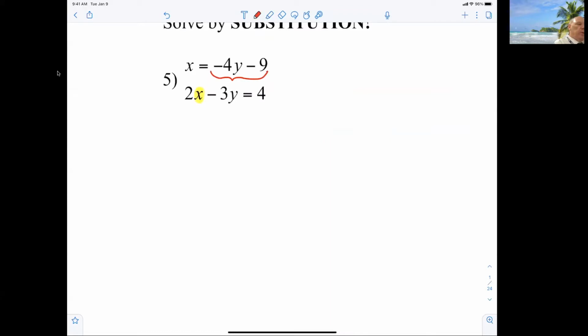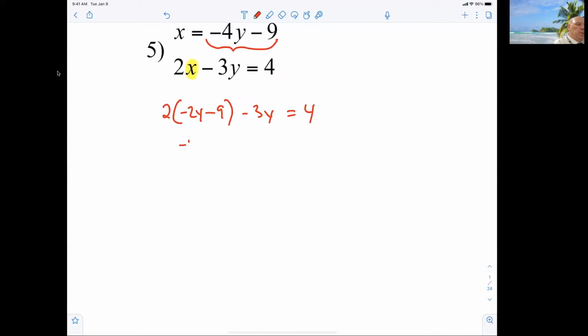Yes. So here we go: 2 parentheses, -4y minus 9 minus 3y equals 4. And then you're solving this out. So -4y minus 18 minus 3y equals 4.